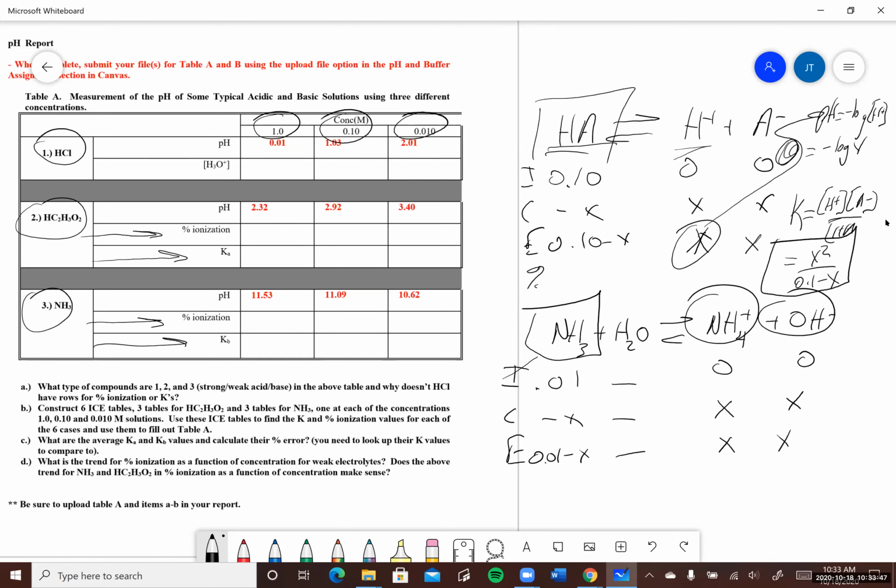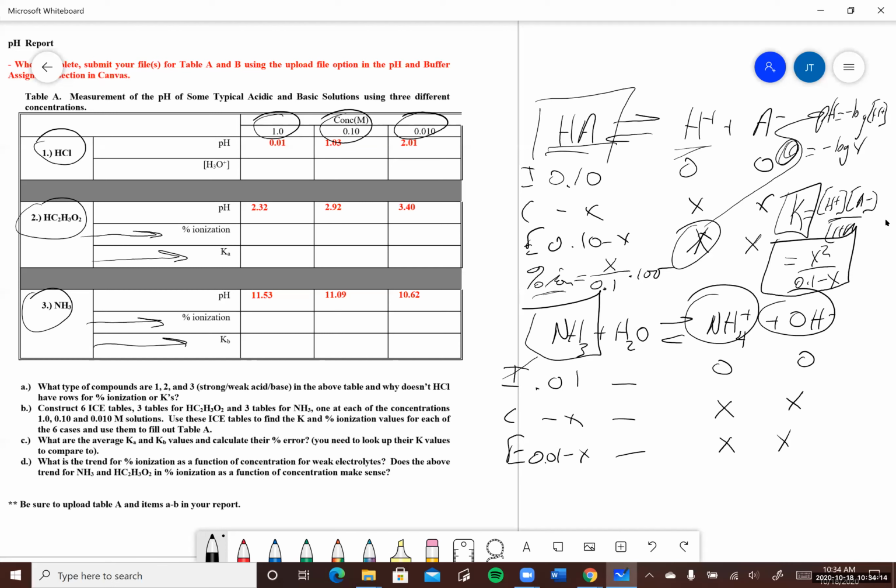So for the percent ionization, X is the amount of HA that ionized. I just have to put that over the initial amount, which is 0.1 in this case, and times it by 100. So again, finding X through pH will give me the percent ionization and K.